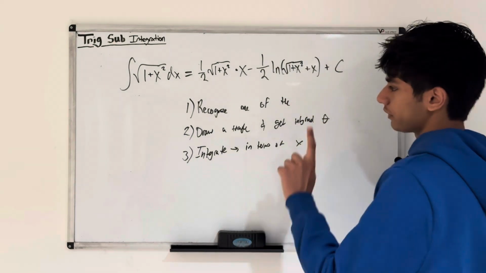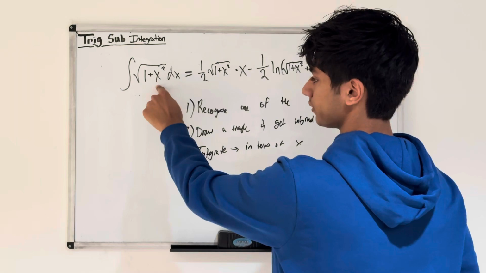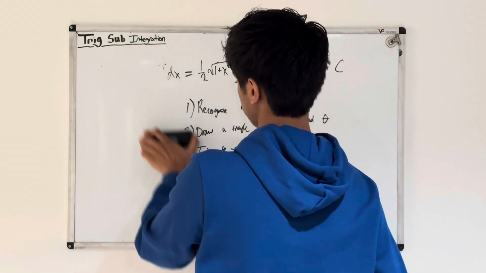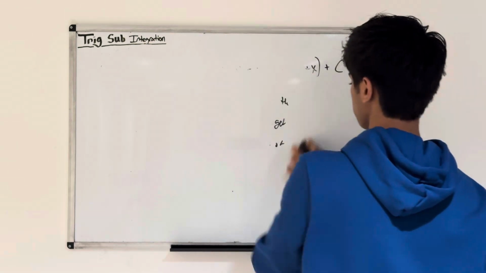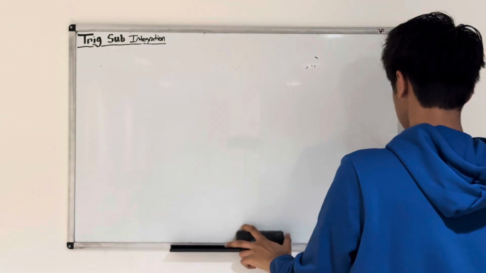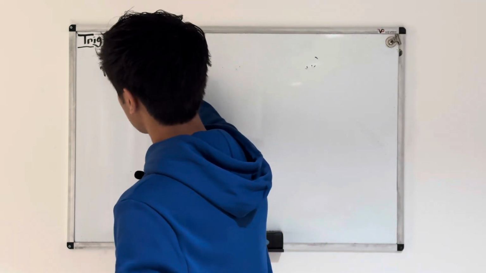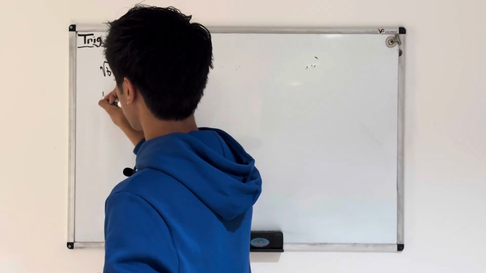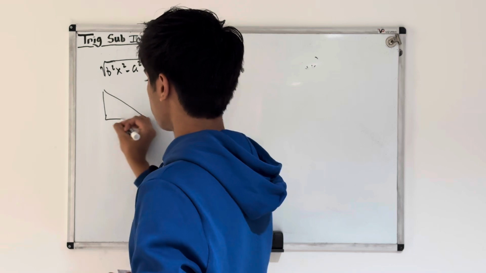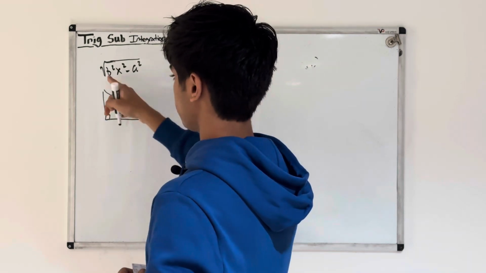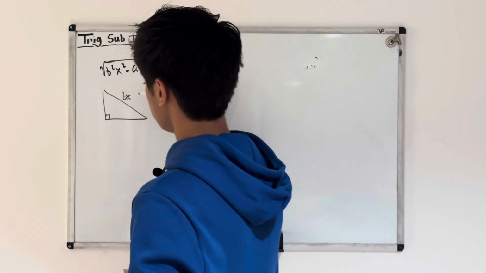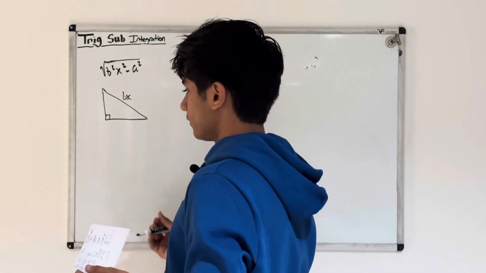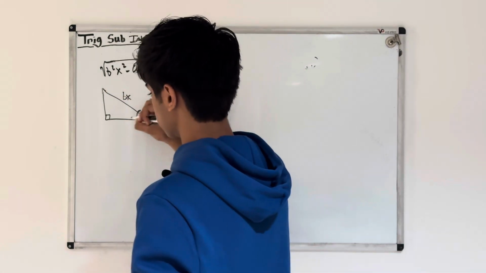I just showed you one case with square root of 1 plus x squared, the case where it's adding. What about the other two cases that I listed before? We'll go over those quickly. If we have the case square root of b squared x squared minus a squared, we draw our right triangle. We know from the Pythagorean theorem that bx has to be our hypotenuse, because it's positive, which means that a and the square root are going to be our legs.